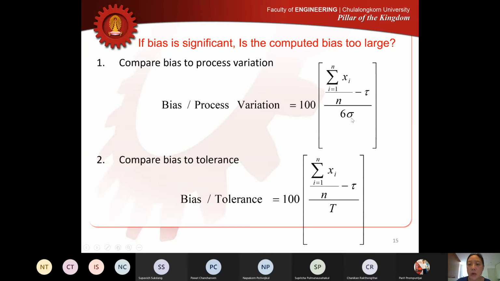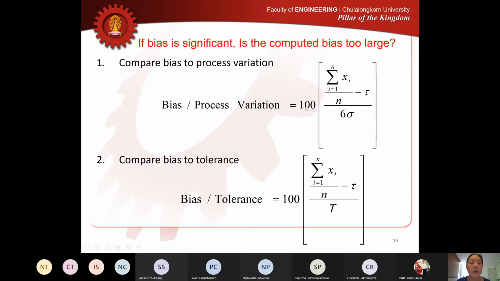So sigma here is calculated from the dimensions of many parts that we have produced, and then we will compare the amount of bias, which is the upper part here, with the process variation, and turn it into a percentage.